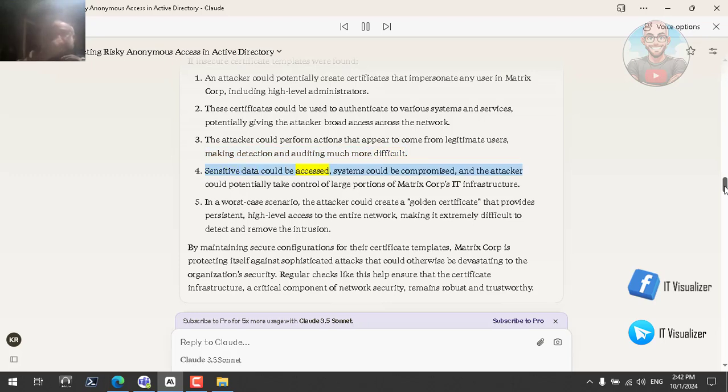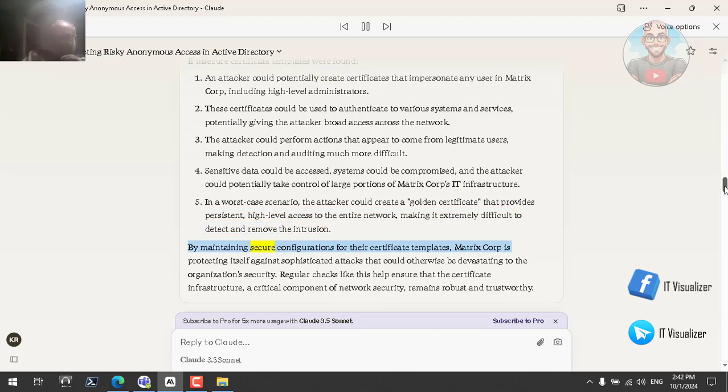Sensitive data could be accessed, systems could be compromised, and the attacker could potentially take control of large portions of Matrix Corp's IT infrastructure. In a worst-case scenario, the attacker could create a golden certificate that provides persistent, high-level access to the entire network, making it extremely difficult to detect and remove the intrusion.